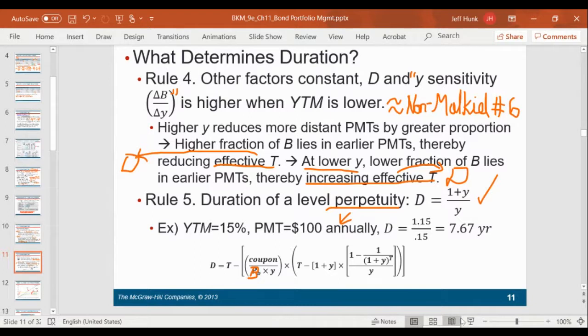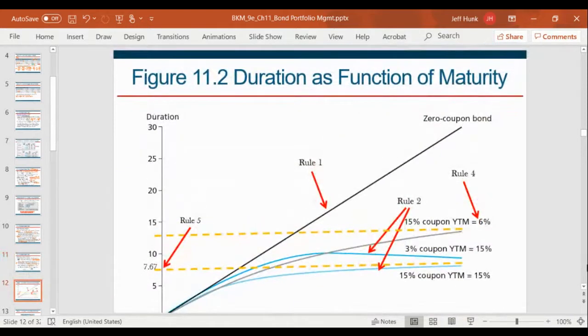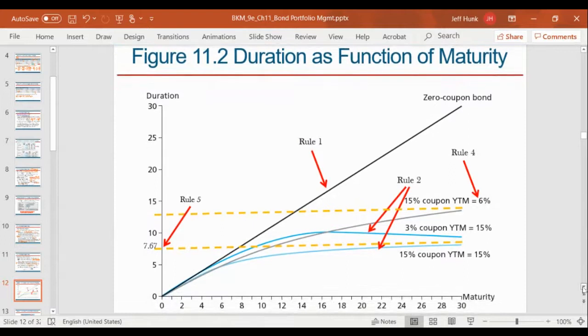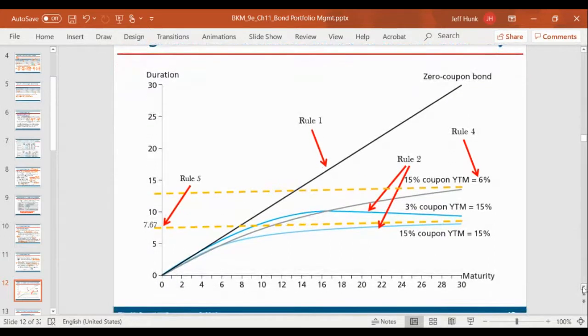Then only with the price data and only with maturity and yield, you can calculate duration. Okay, so we're not going to use it right now. But there will come a time when we are going to use that formula.